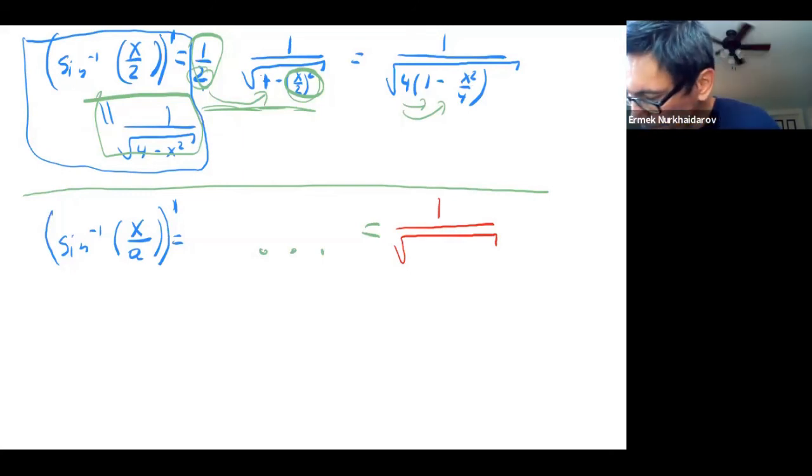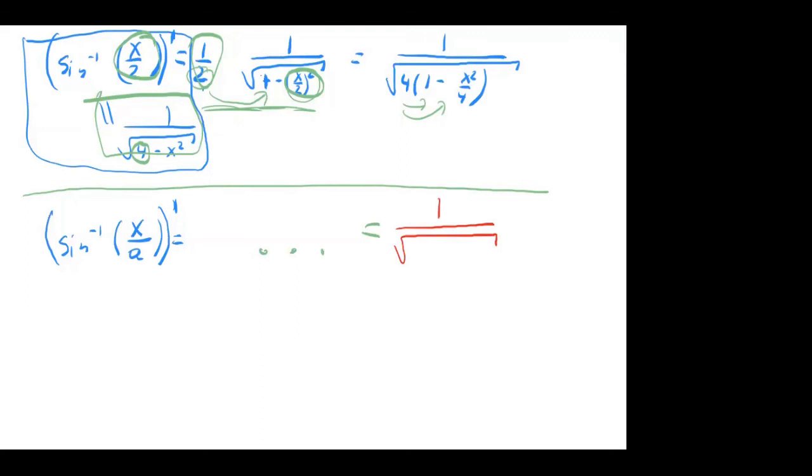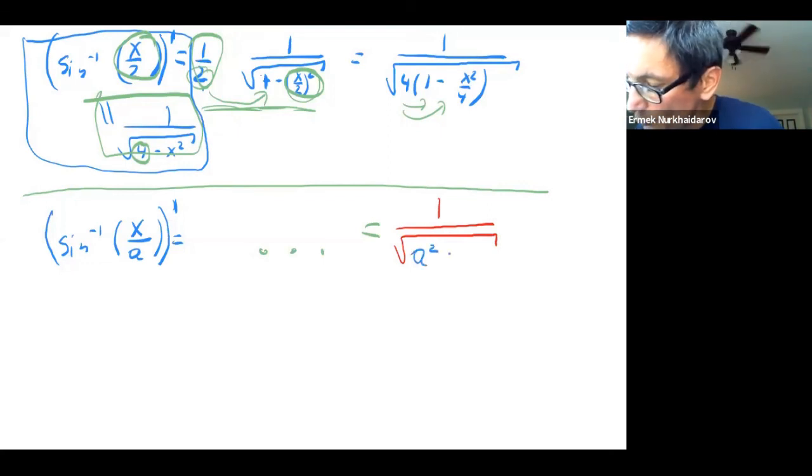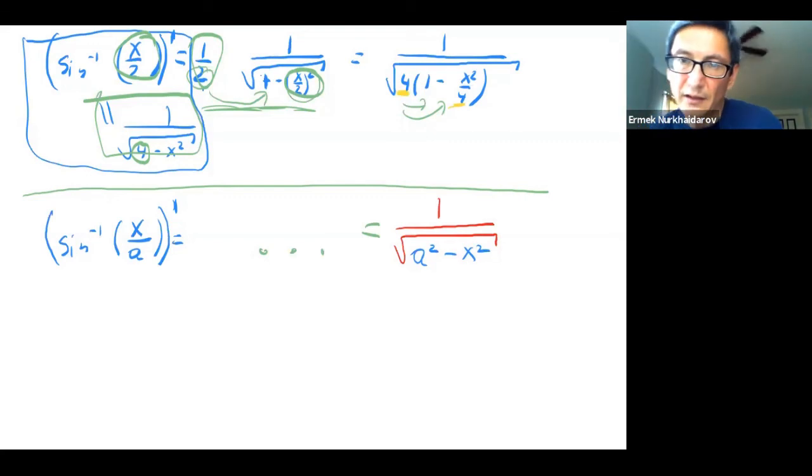Okay, so let's have a look. How did we get 4 from x over 2? You see the pattern? Actually, how did we get 4 from 2? You squared the 2. So now we're going to square a, so we're going to get a squared. And we're still going to have x squared left because the same thing is going on here and it will still be canceled out.